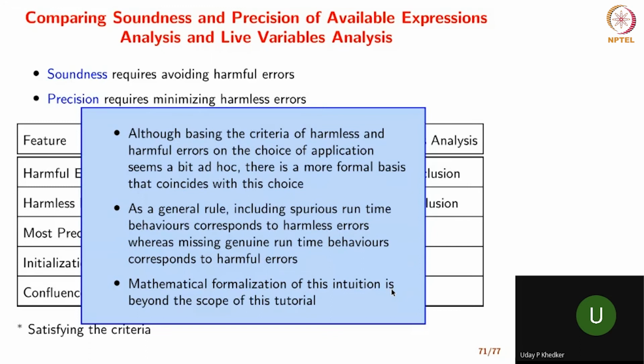So the whole point is, although basing the criteria of harmless and harmful errors on the choice of application seems a bit ad hoc. So we said, available expressions analysis, spurious exclusion is harmless because we are doing common sub-expression elimination. And then we said, in live variables analysis, spurious exclusion is harmful because we are doing dead code elimination.